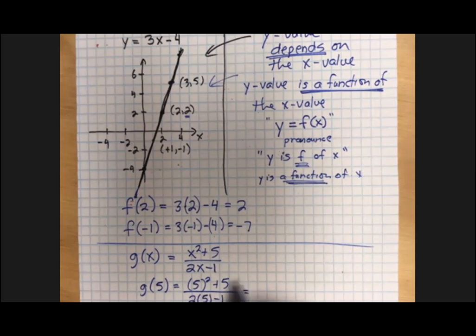There's a little work to be done here, but this is 25 plus 5. The bottom is 10 minus 1, 9. So what does G do to 5? It turns it into 30 over 9. Now I can simplify that, divide top and bottom by 3, turns it into 10 over 3.